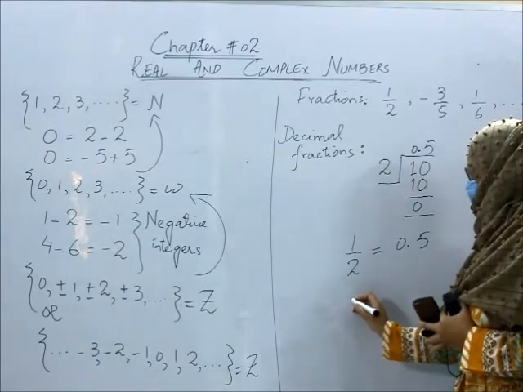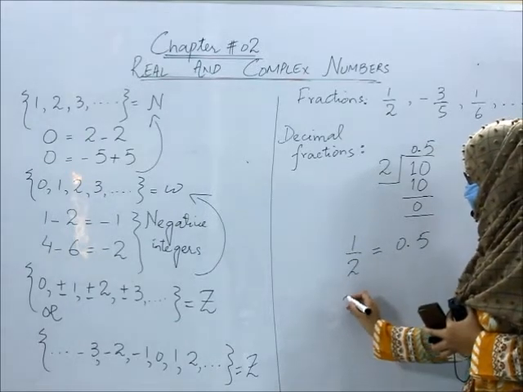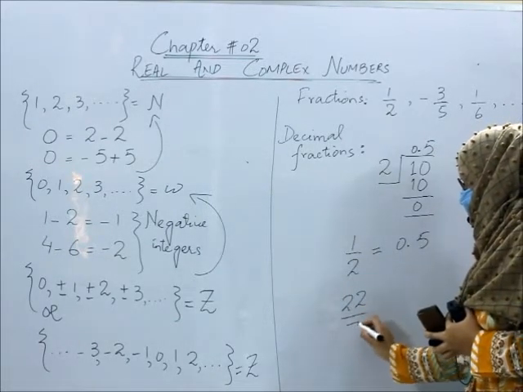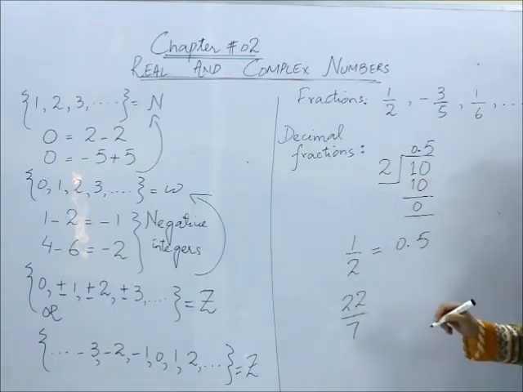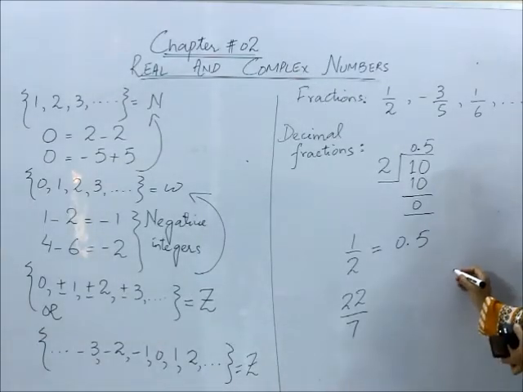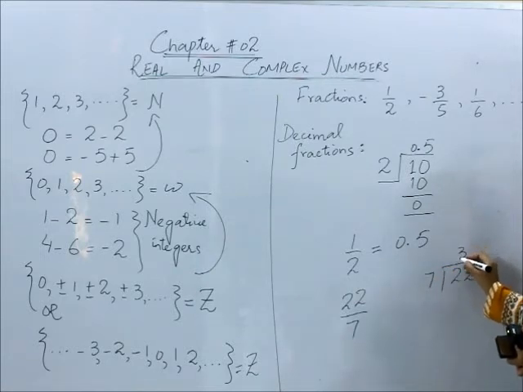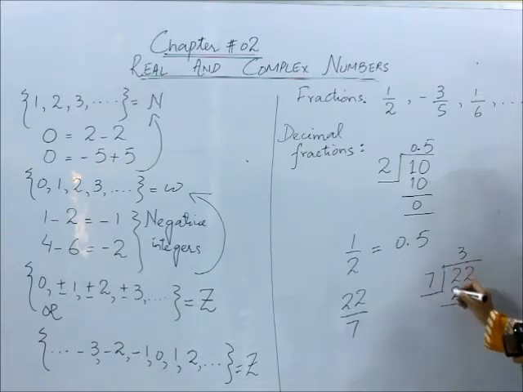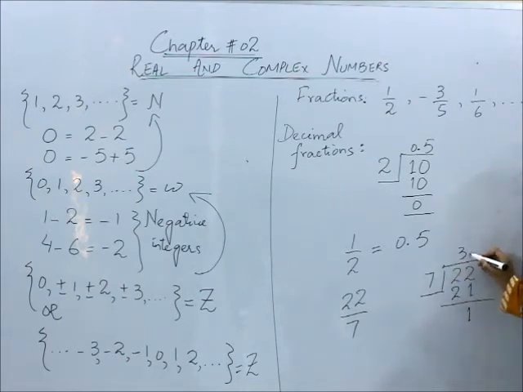Now if we convert some other number, for example 22 by 7, into the decimal form. If we divide 22 by 7, 7 into 3 is 21. Our remainder would be what? Yes, 1. Now can we divide 1 by 7? Absolutely not. So we will introduce a decimal point over here and then a 0. Now 7 into 1 is 7.